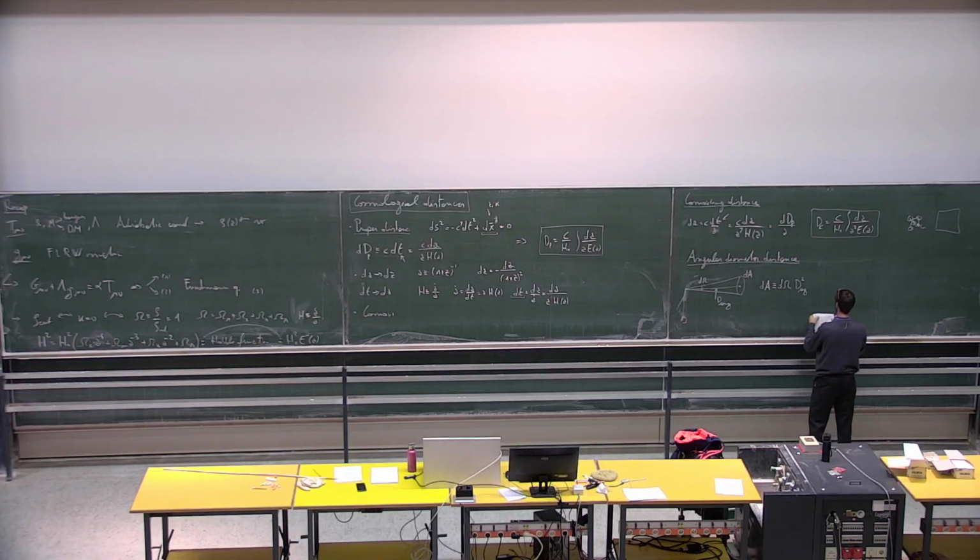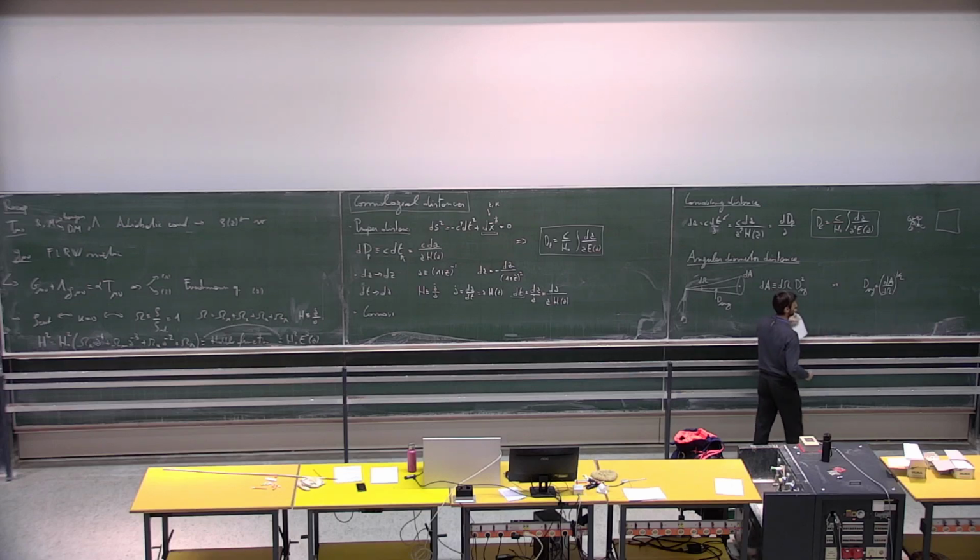Right. Then we have an expression for the angular distance, which is equal to dA over omega, the solid angle, to the power of 1 over 2. Take care that omega is the solid angle. It has nothing to do with the cosmological parameters. Just to stress that. So here I just isolated this term. You understand that everything depends on the ratio of these two quantities.